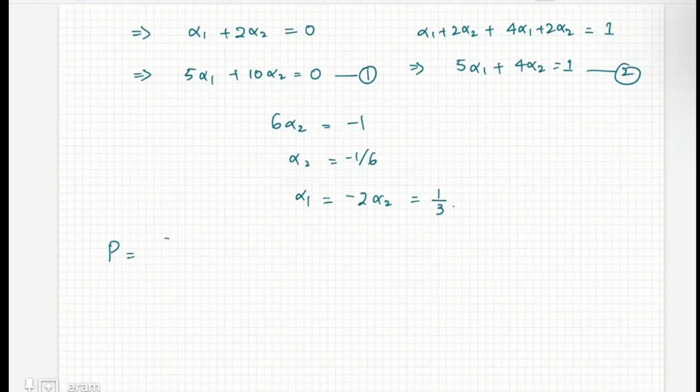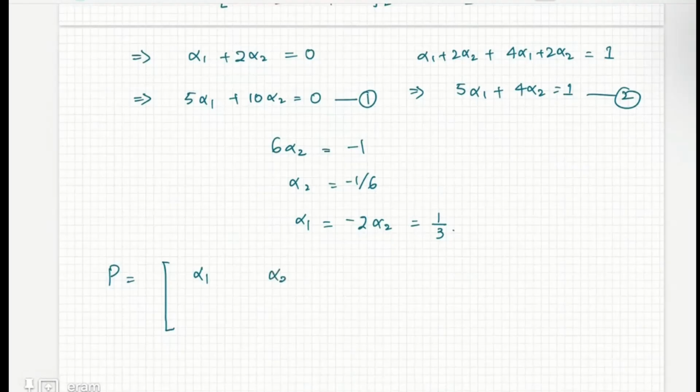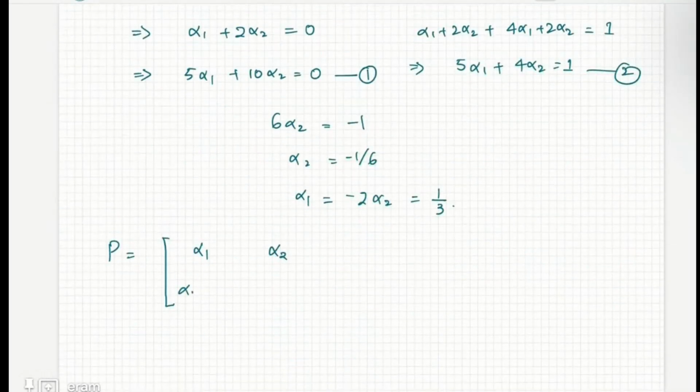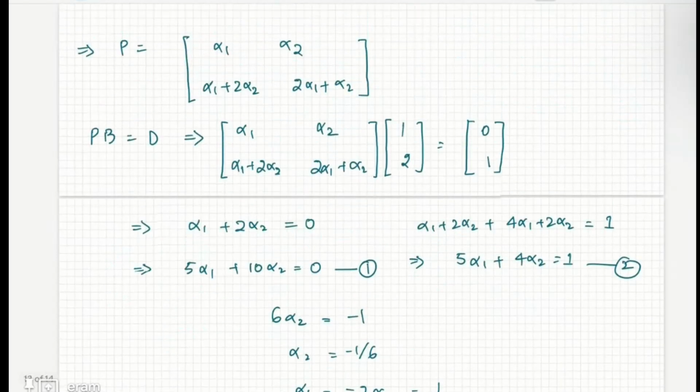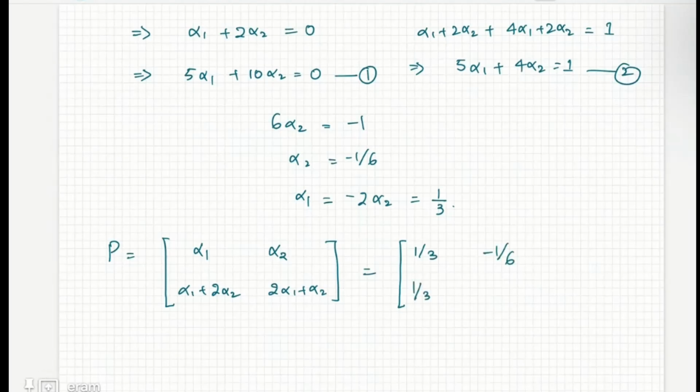So the transformation matrix P, which was alpha 1, alpha 2, alpha 1 plus 2 alpha 2, and then 2 alpha 1 plus alpha 2, should be equal to 1 by 3, minus 1 by 6, 1 by 3 minus 1 by 3, 2 by 3 minus 1 by 6, which is equal to 0, 5 by 6.